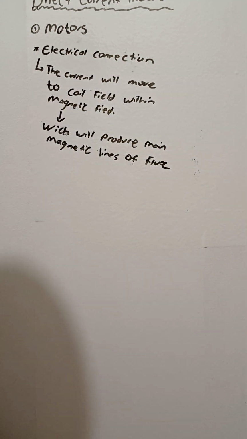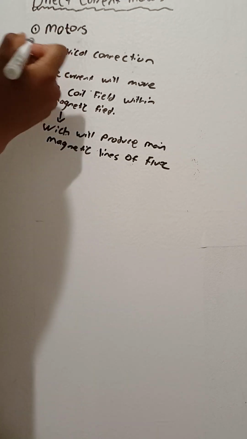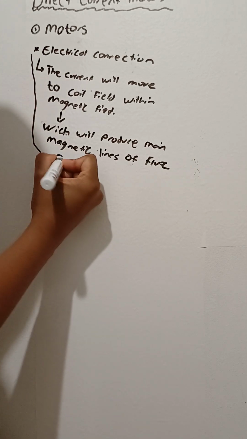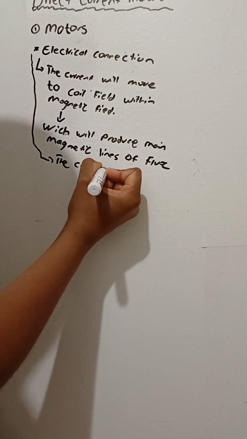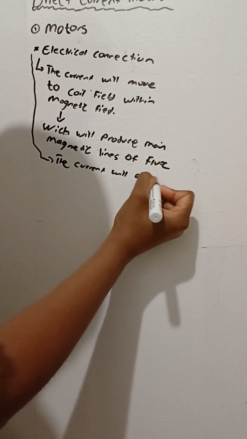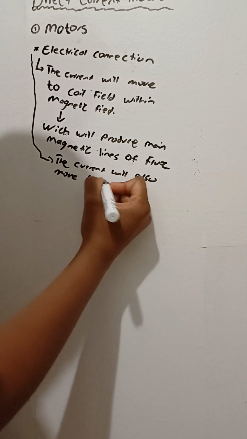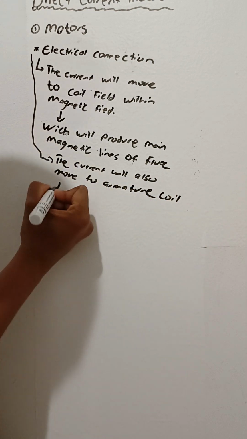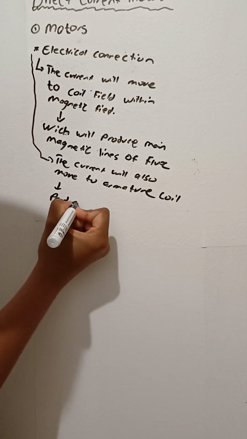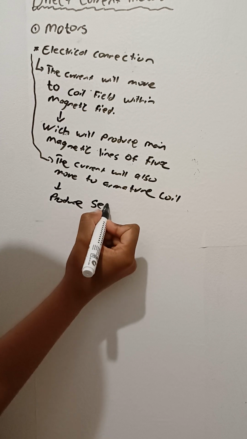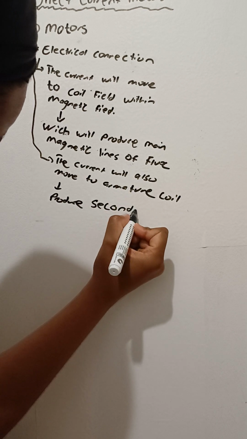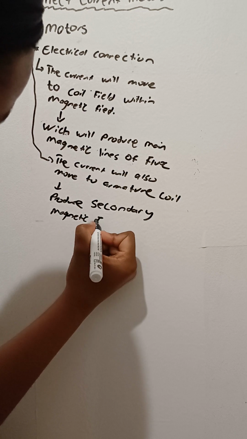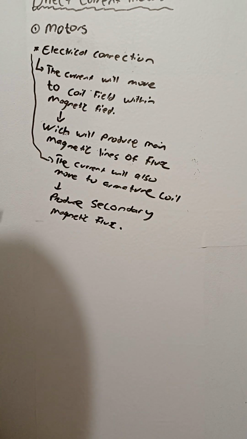It will produce the main magnetic lines of flux, and still, when there is electrical connection, the current will also move to the armature coil, which will produce secondary magnetic flux or secondary magnetic lines of flux.